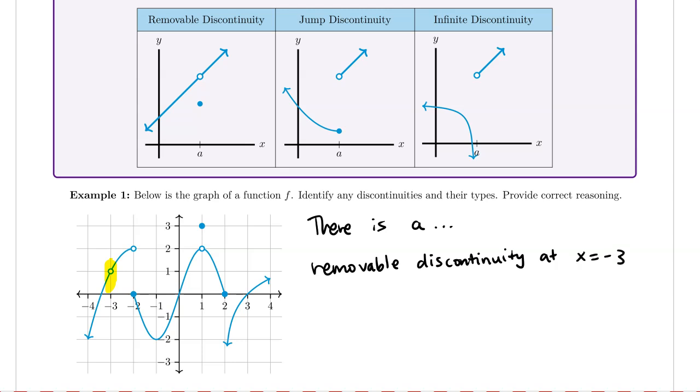There's another one at x equals 1. So notice that we have a hole there and the function's defined somewhere else. At x equals negative 3, the function is not defined, so we can have either of those scenarios.